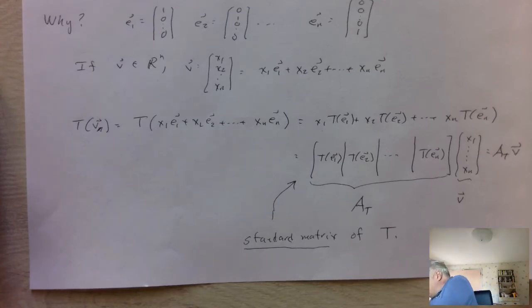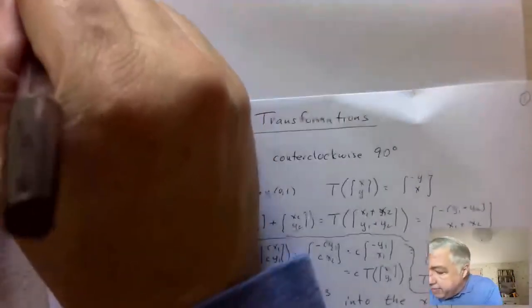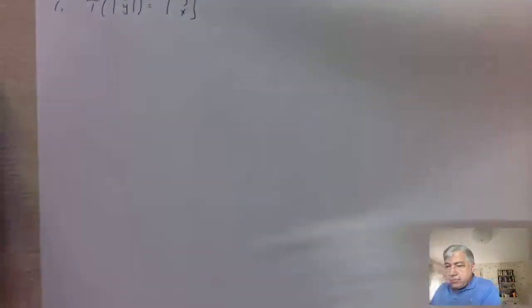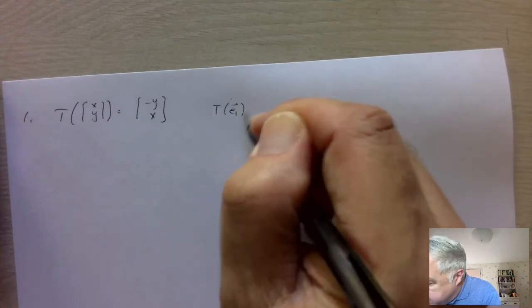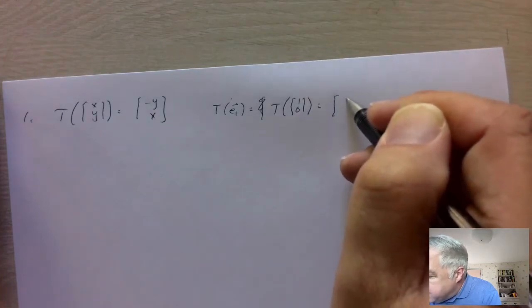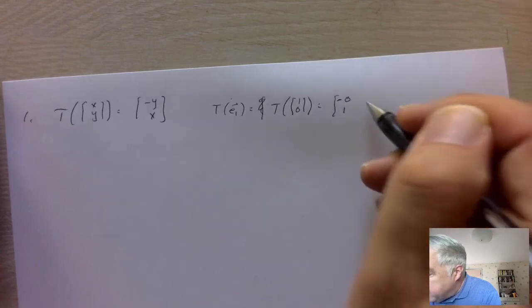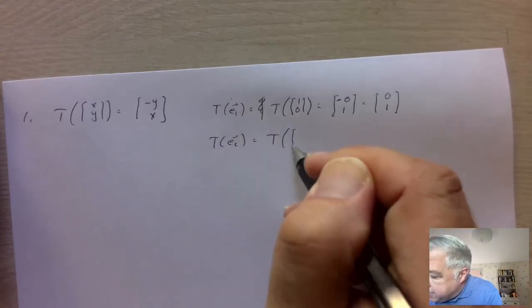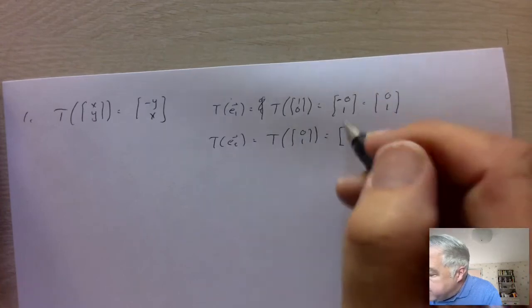So if we go back to our examples of the linear transformations that we had, in example 1, where we had T of (x, y) equal to (-y, x), T of e1 was T of (1, 0), which was (-0, 1), which is the same thing as (0, 1), and T of e2 was T of (0, 1), which was (-1, 0).